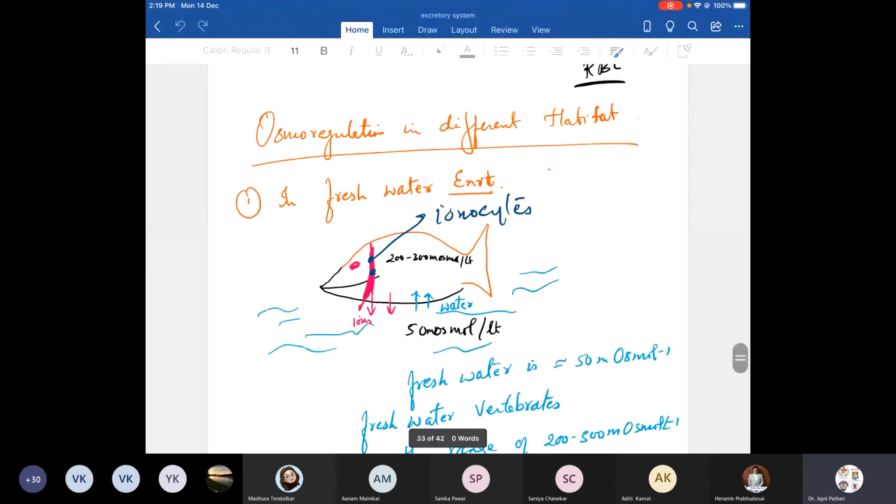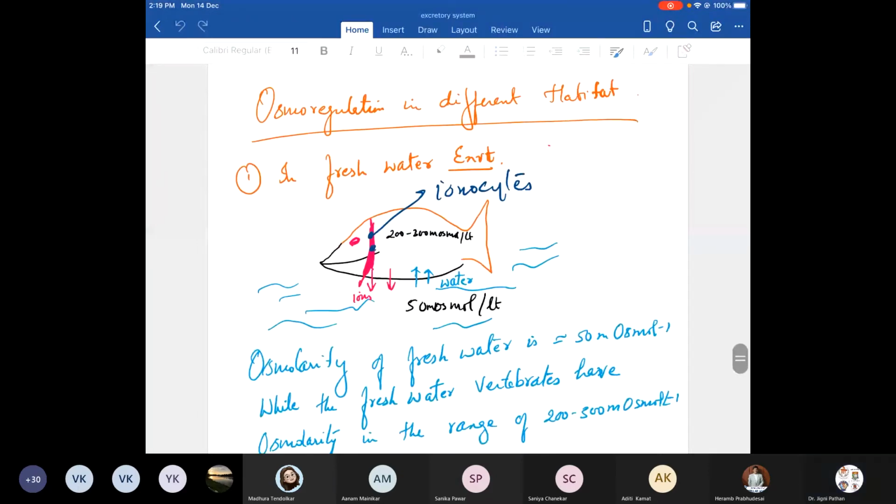Next, osmoregulation in different habitats. So, in a freshwater environment, what happens? The osmolarity inside the fish in fresh water is around 200 to 300 milliosmol per liter, whereas the fresh water outside is about 50 milliosmol per liter.